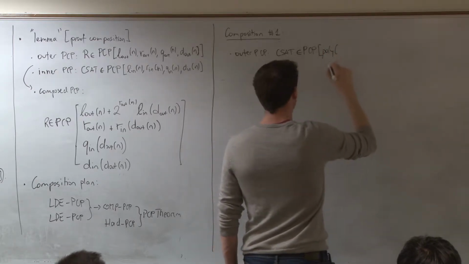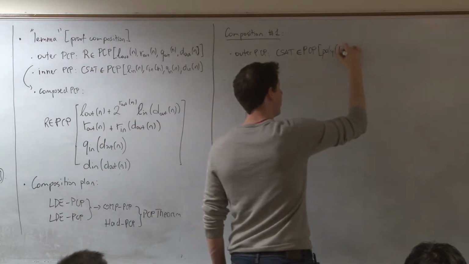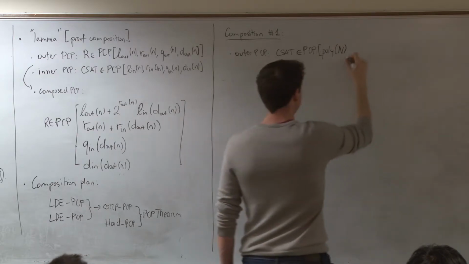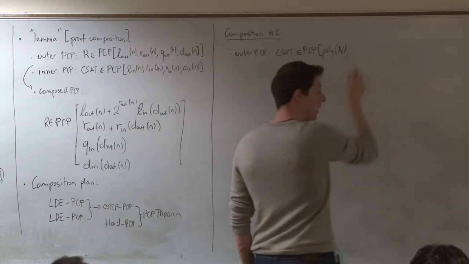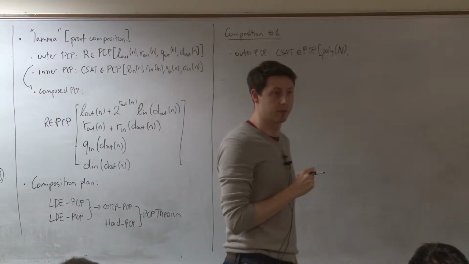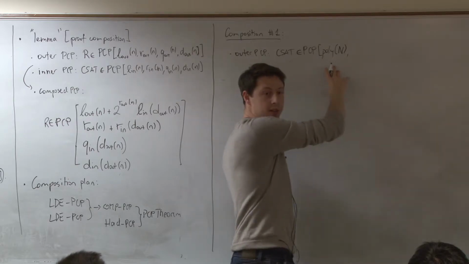And so just to distinguish bigger things from smaller things, I'll write poly of big N, okay, to mean that this is the outer thing. All right, what is the randomness? No more than log of this, right?